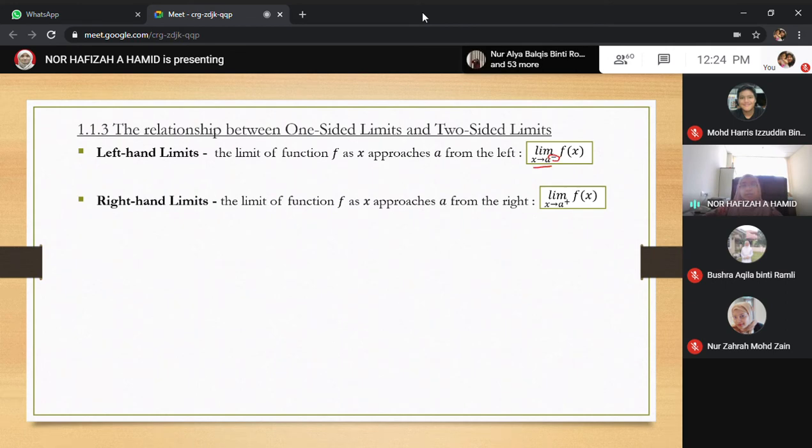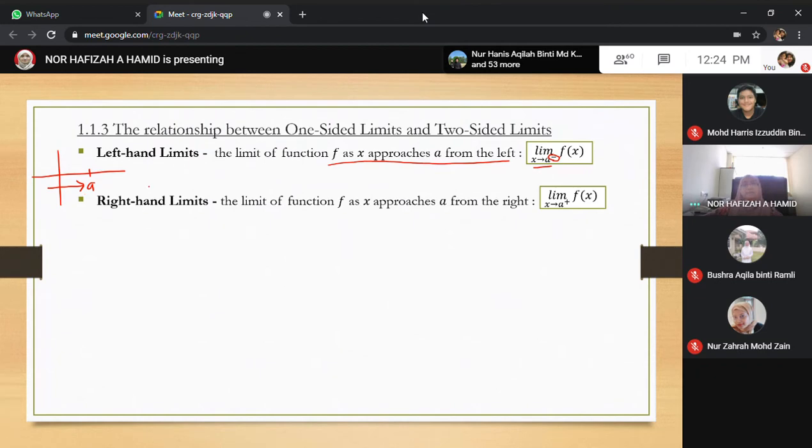So if you have the negative or minus sign on top of a, it represents the limit of function f as x approaches a from the left. On your graph, this one is a, so it approaches a from the left. From the left, the values are less than a.